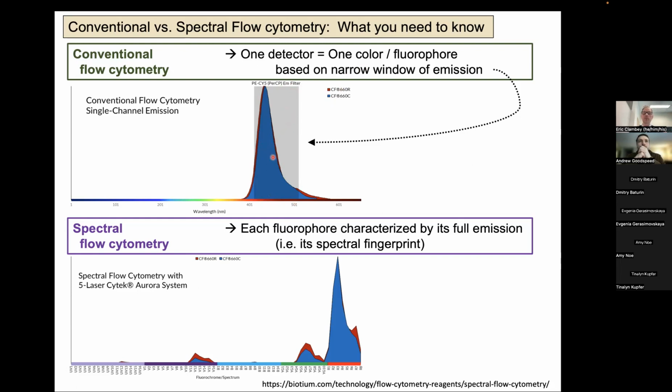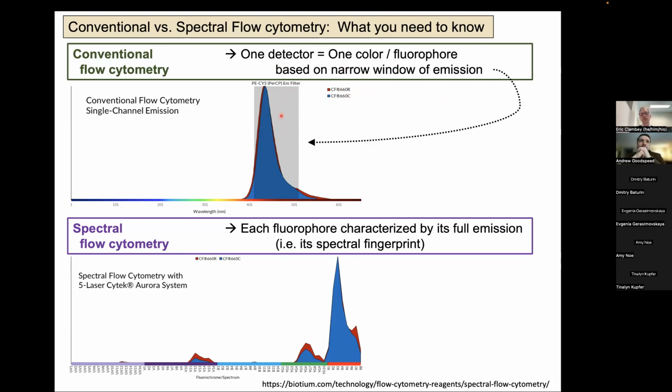Now, the way that a conventional flow cytometer assigns fluorescence to an individual antibody is it's just focused on the light emitted in this narrow band of wavelengths. So here, one detector equals one color or fluorophore, and it's this narrow window of emission identified with the gray box.